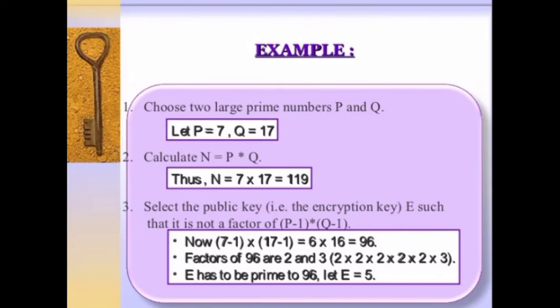So now, 7 minus 1 times the quantity 17 minus 1 is equal to 6 times 16, which equals 96. So the factors of 96 are 2 and 3: 2 times 2 times 2 times 2 times 2 times 3. So E has to be relatively prime to 96, and let E be equal to 5.